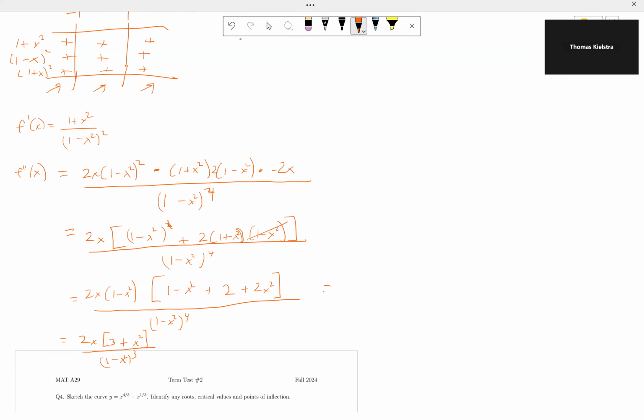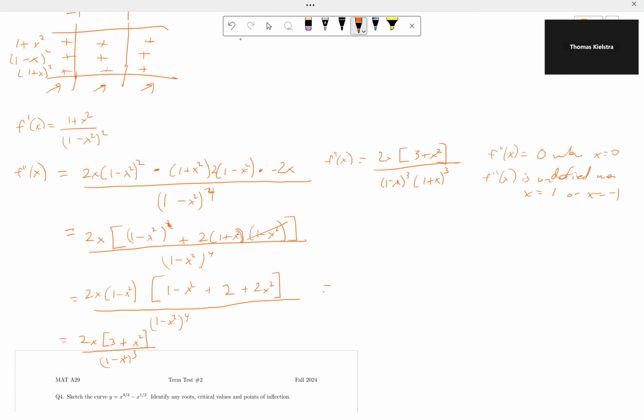So my second derivative of x is equal to 2x times (3 plus x squared) over (1 minus x) cubed times (1 plus x) cubed. F double prime of x equals 0 when x equals 0, and f double prime of x is undefined when x equals 1 or x equals minus 1.